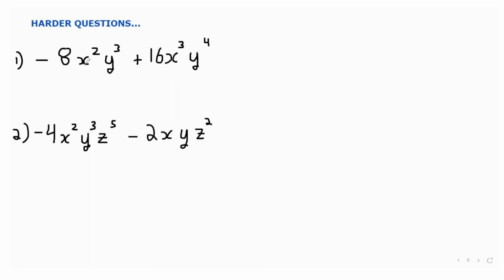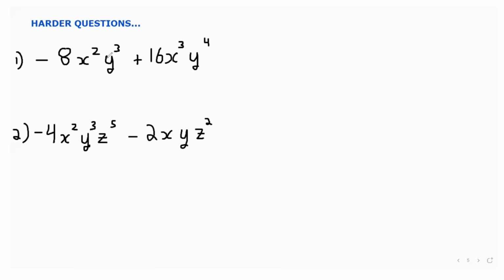But as a rule of thumb, anytime you see a negative as the first number, the factor will also have the negative. So I repeat, anytime the first number has a negative, the factor will also have a negative.